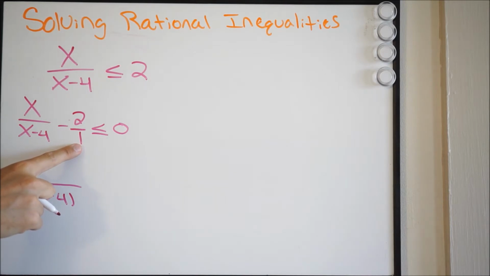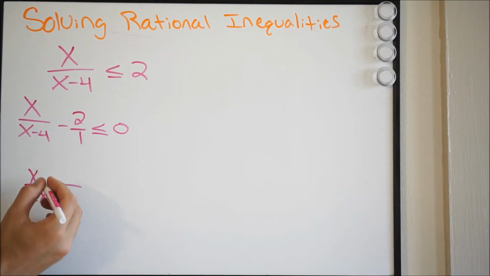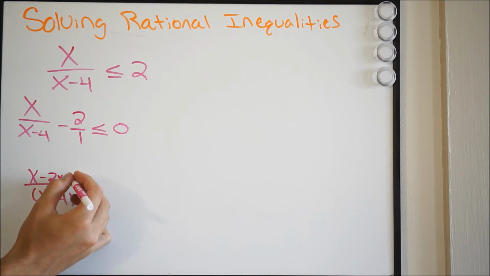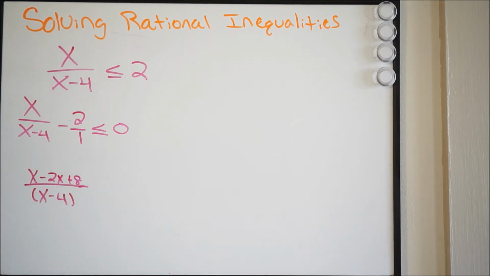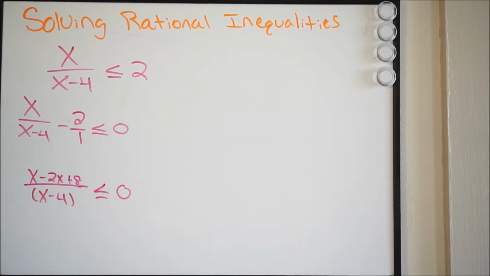Well, I multiplied by x minus 4. So I'm going to do negative 2 times x minus 4. So I'm going to get the following, negative 2x, and then I'll get positive 8. And again, this will all be less than or equal to 0.